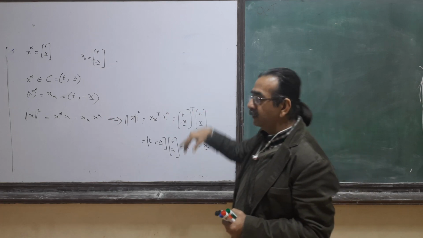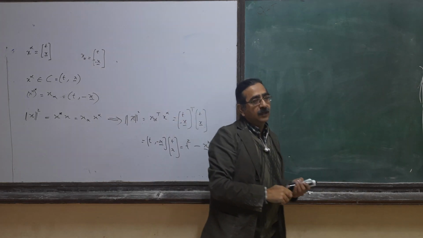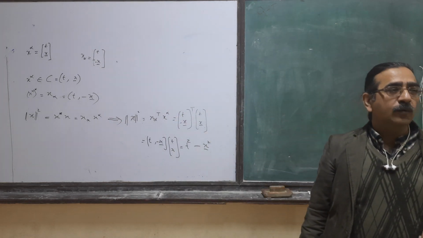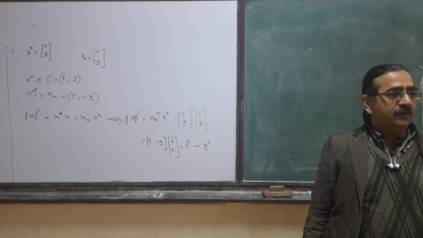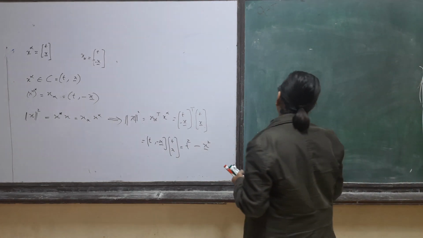The Lorentz transformation and the dot product rule come from this complex algebra.